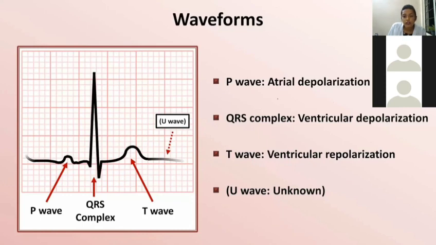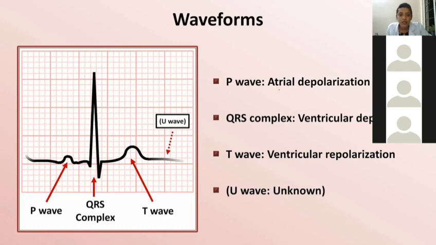So we can see atrial depolarization, ventricular depolarization and repolarization, but something is missing here. Atrial depolarization we can see, but atrial repolarization is not there, no? So atrial repolarization is obviously happening.